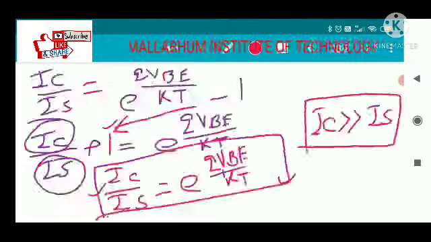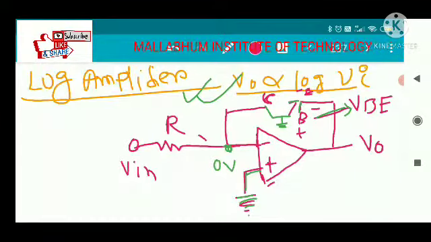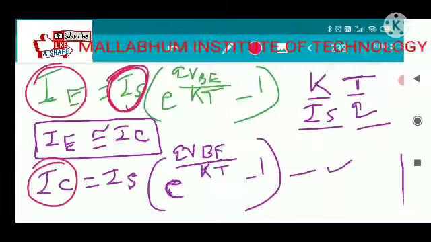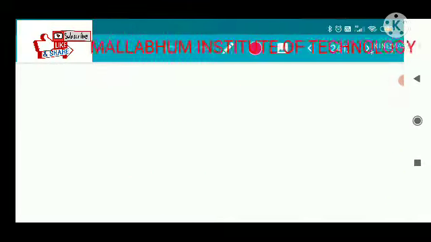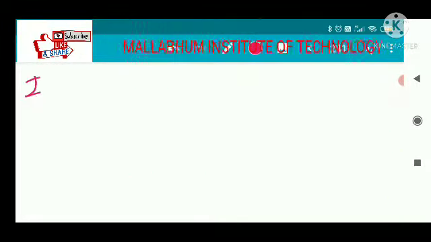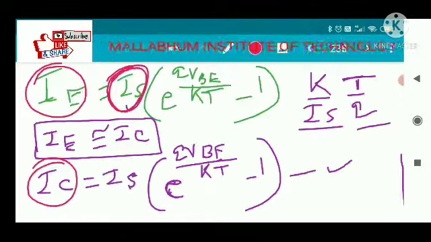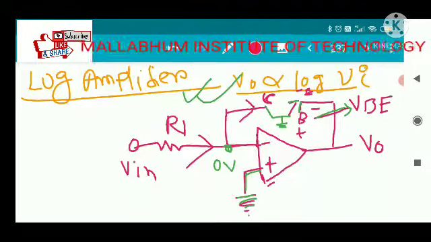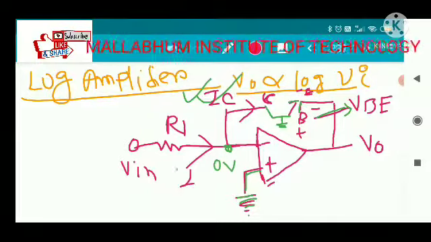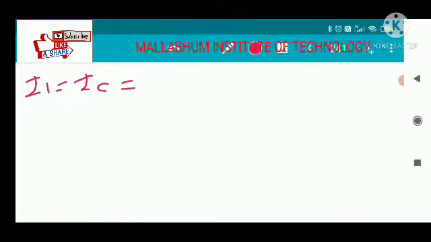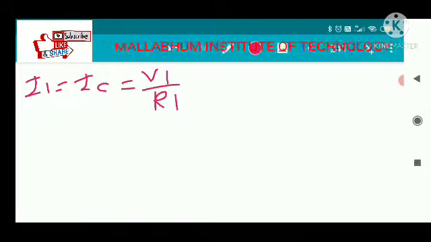Now the current flowing through this R1 terminal. Okay, this is your R1. So the current flowing through this R1, I1, is equal to your IC. These two are equal, so I1 equals IC equals V1 divided by R1.